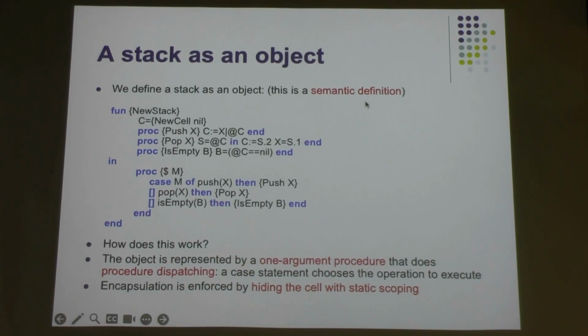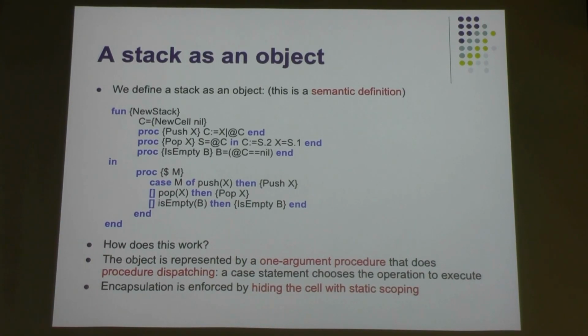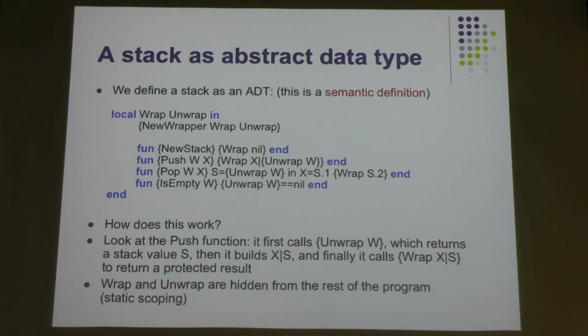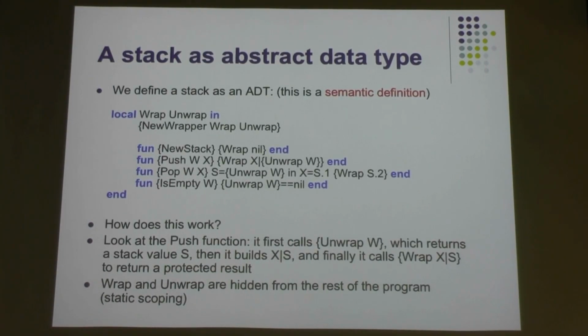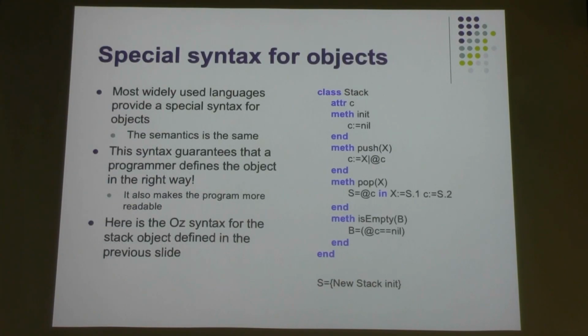So remember, we saw the semantics in the previous course. So this code tells you everything. There's nothing hidden here. It tells you exactly how the object works. It's the semantics. And the same for the stack, if I give you the wrap and unwrap definition, which I will give you in this course.